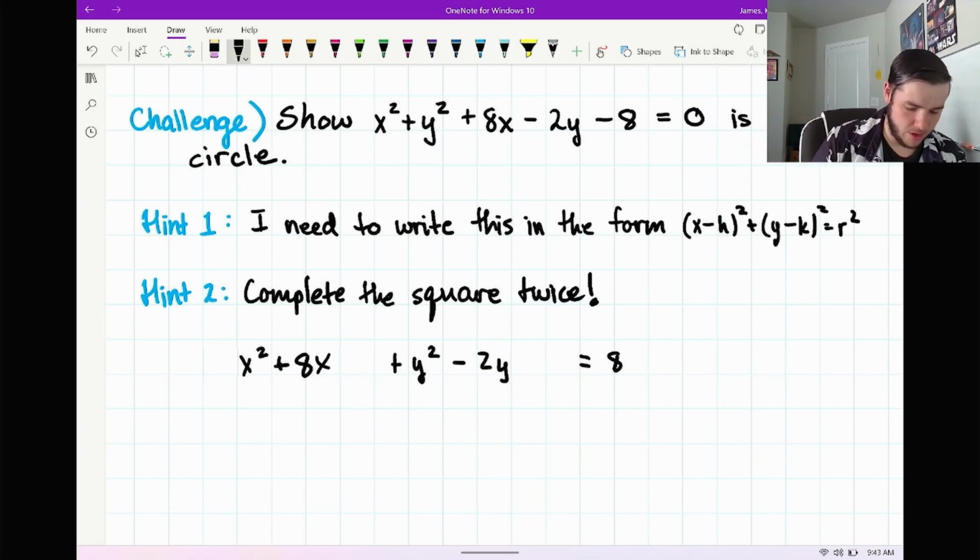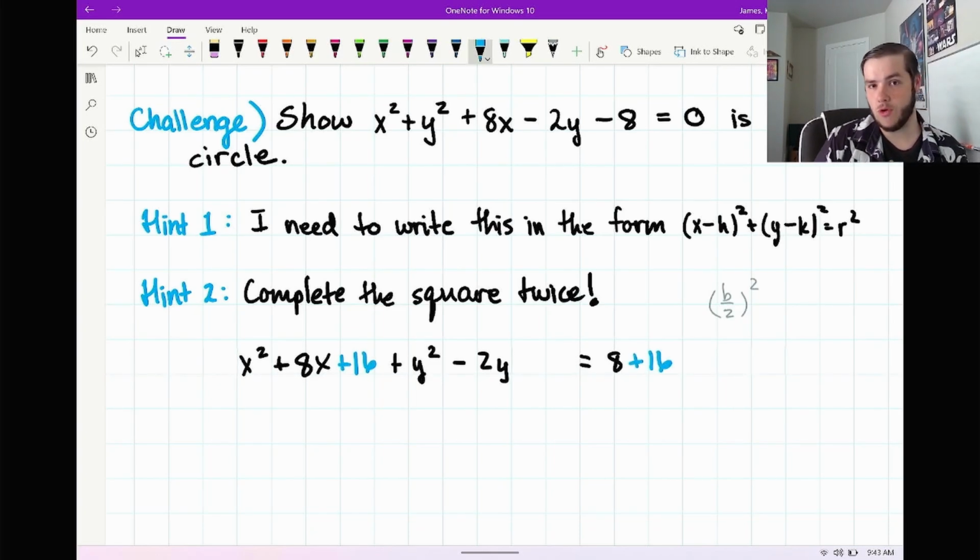Remember to complete the square. The magic number I need to add to both sides is b over 2 quantity squared. So for my x's term, b here is 8, so b over 2 would be 4, and I add 16 to both sides.